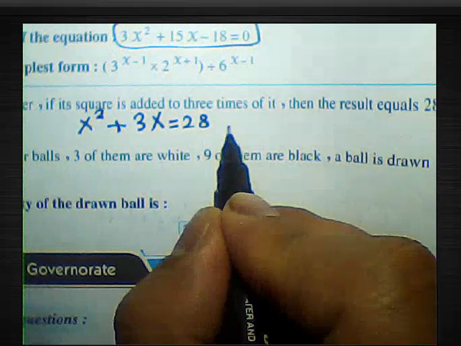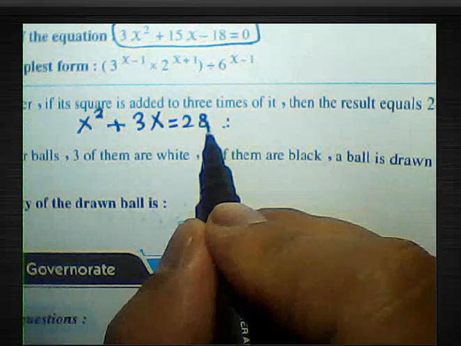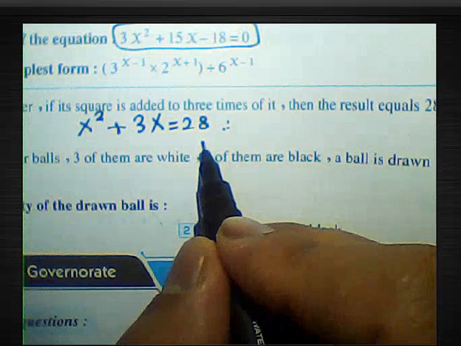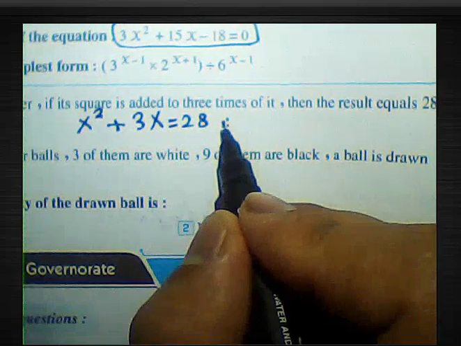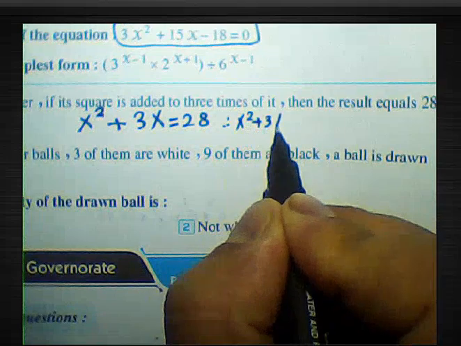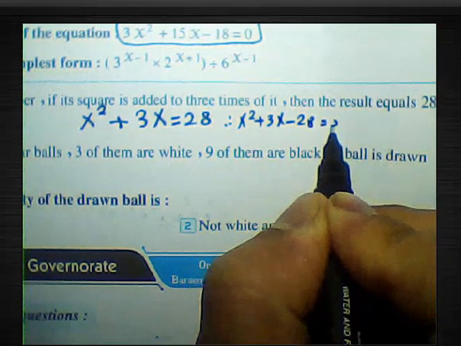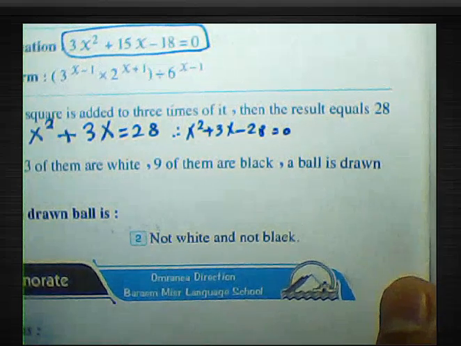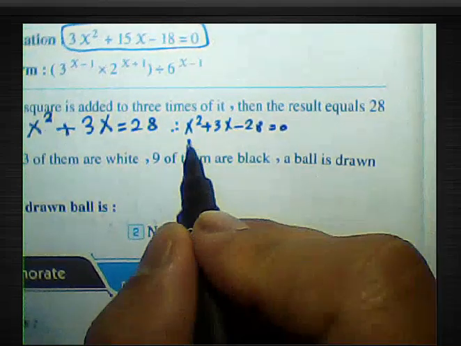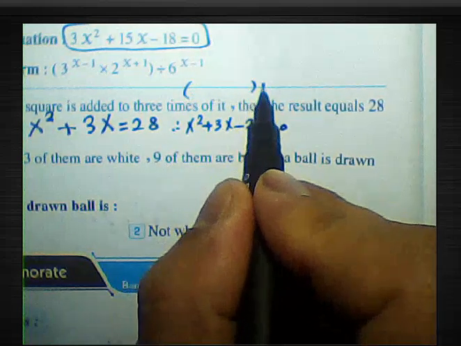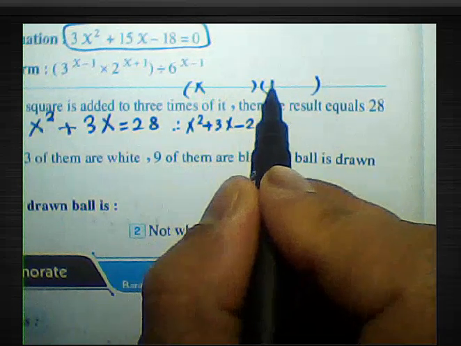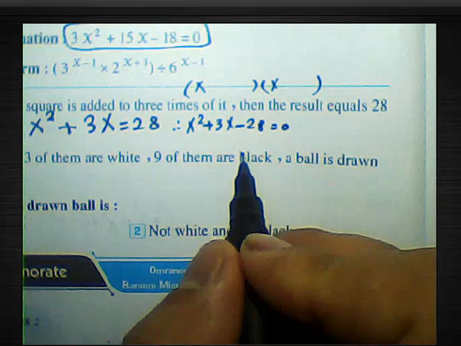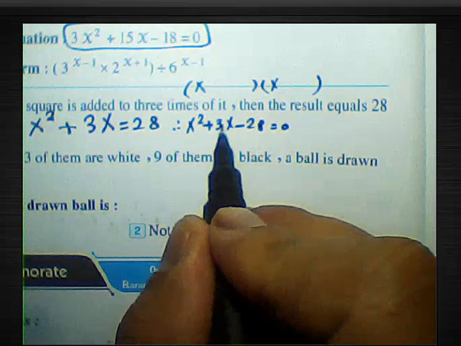And then you can move 28 from the right hand side to the left hand side and change the sign. x power 2 plus 3x minus 28 equals 0. And then you can factorize this expression. Open two brackets here. x power 2 means x times x. And we want to find two numbers whose multiplication equals 28 and the difference between them equals 3.